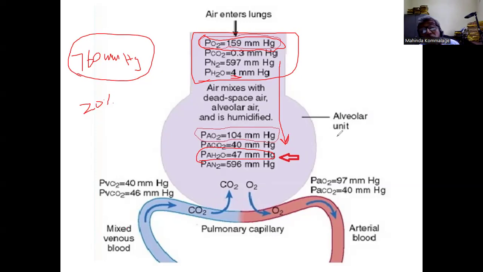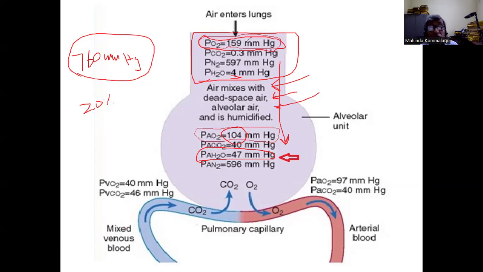So mixing of gas and adding of water will alter the composition of the air in the alveoli. Therefore, in the alveoli the oxygen partial pressure is 104, while outside it is 159 or 160.